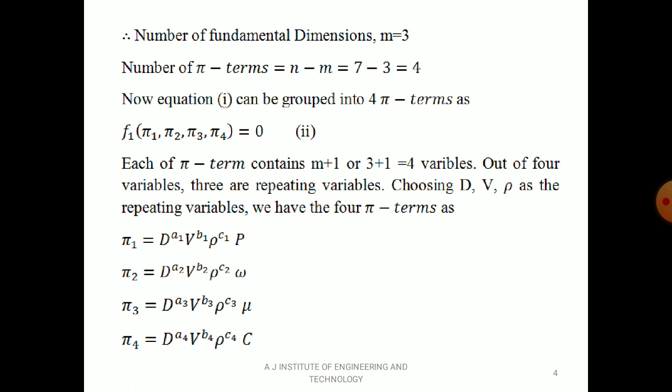Then pi 3 equal to d to the power a3 v to the power b3 rho to the power c3 into mu, where mu is dynamic viscosity. Pi 4 equal to d to the power a4 v to the power b4 into rho to the power c4 into c, where c is velocity of sound. So we can express all 4 pi terms in terms of repeating variables, those are d, v, rho, multiplied by one more independent parameter.